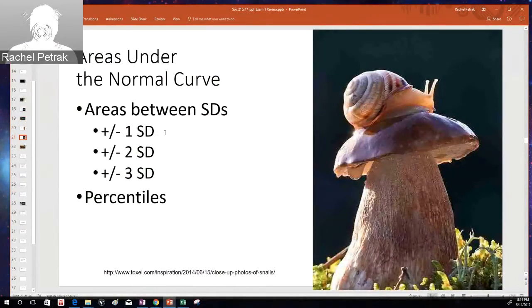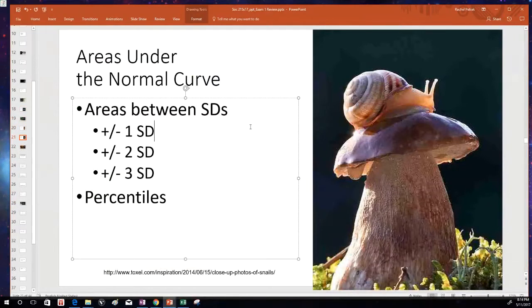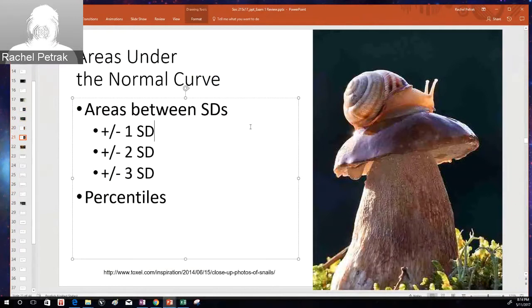But I do want to highlight this point, which is that you need to know the areas between standard deviations, the areas under the normal curve. And so we discussed this. What is the proportion of the distribution that lies above and below one standard deviation from the mean? Does anyone remember? 68%, exactly.